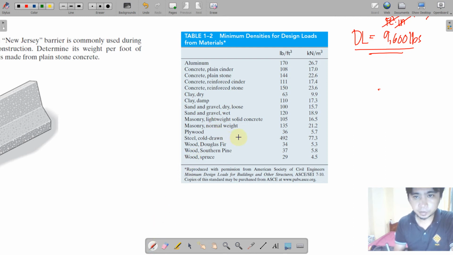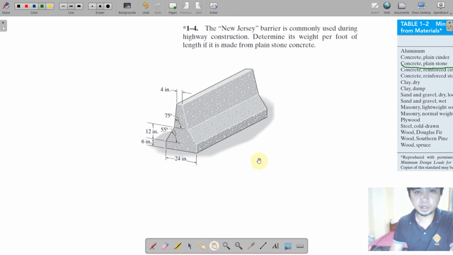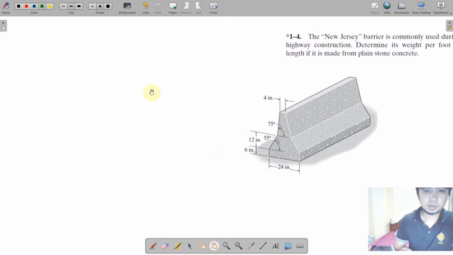We have that to be stone or concrete, plain stone. So concrete plain stone, we have 144 PCF, or the density gamma is equal to 144 PCF.